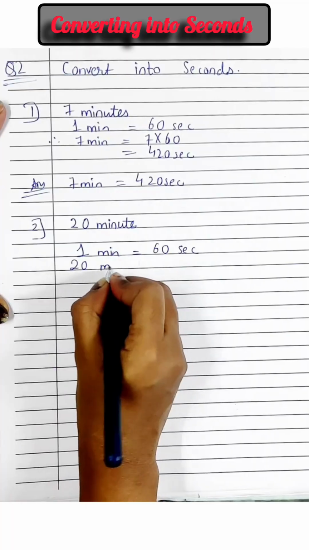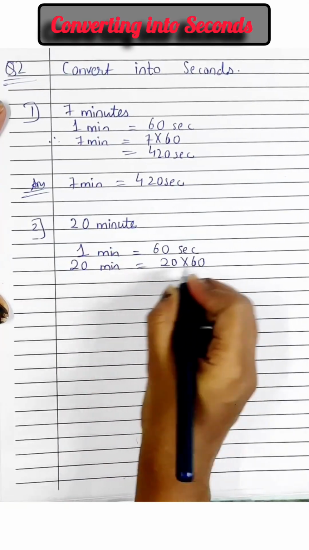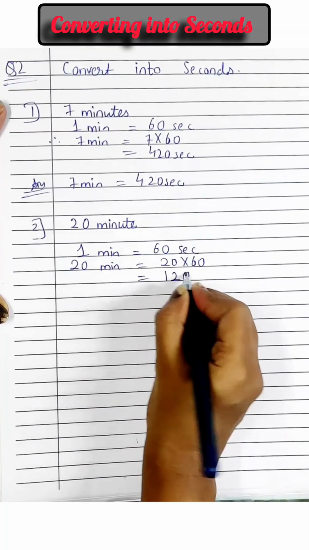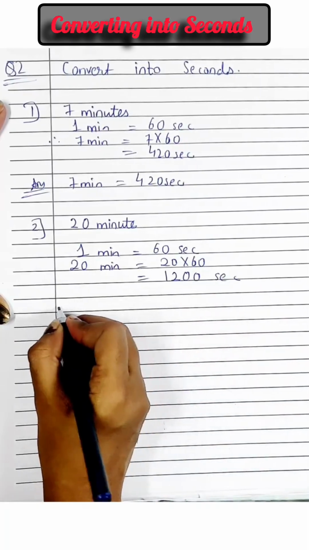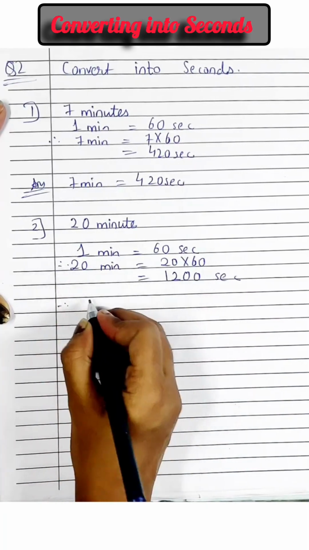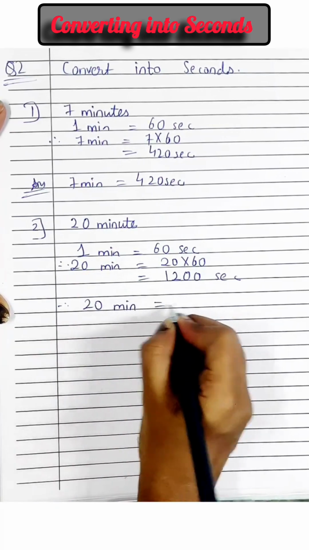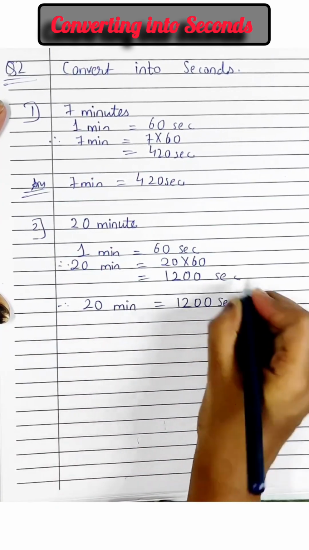So 20 minutes is equals to 20 multiplied by 60. So 20 60s are, yes, 1200 seconds. Therefore, तो 20 minutes में कितने सेकंड्स होते हैं, 1200 seconds.